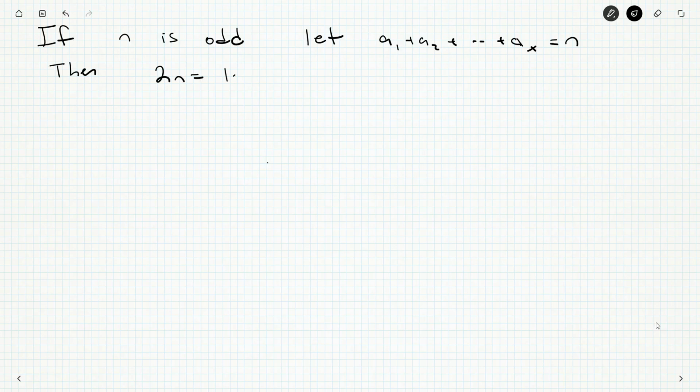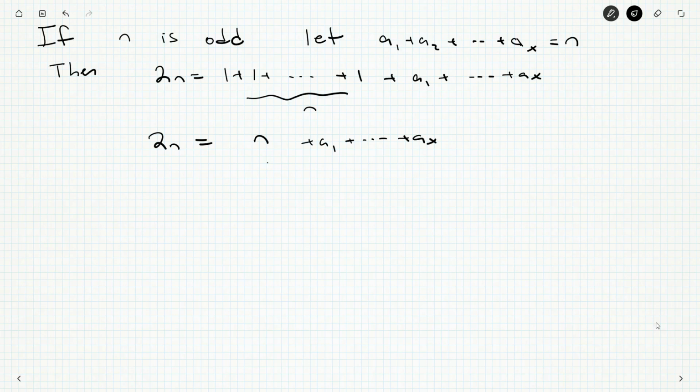Then we can write 2n as a whole bunch of ones, n ones, plus this expression. We can also write 2n as just n, because n is odd, plus this expression.